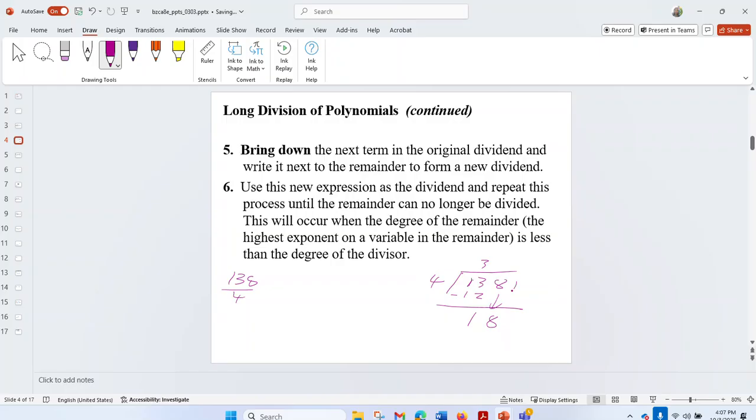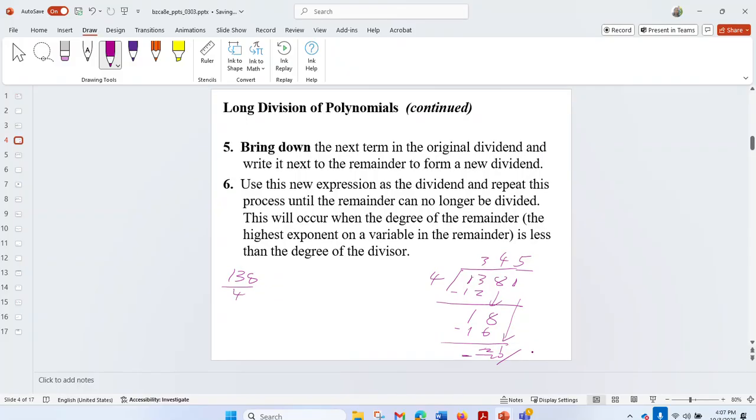If I have another digit here, like a 1, you bring this one down, you use the maximum number, 4 times 4, 16, you do the subtraction, and then 18 minus 16 is 2, and then bring the last digit all the way down, and then using the maximum number 5. 4 times 5, you got 20, so you do the subtraction, and you got a remainder of 1, right? So that's how you do the long division in algebra.